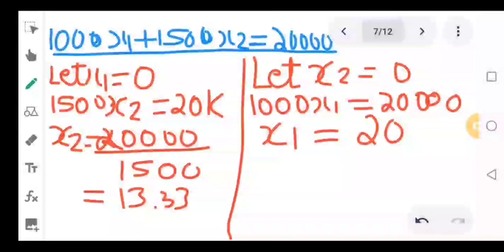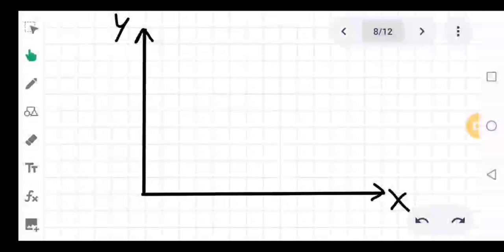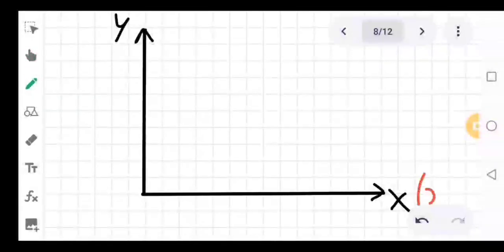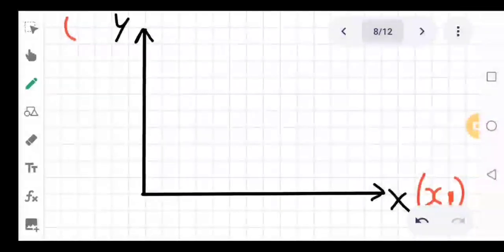So the points here are: let's assume x1 to be x in the graph, and x2 to be y. So I'm taking x1 as x and x2 as y.